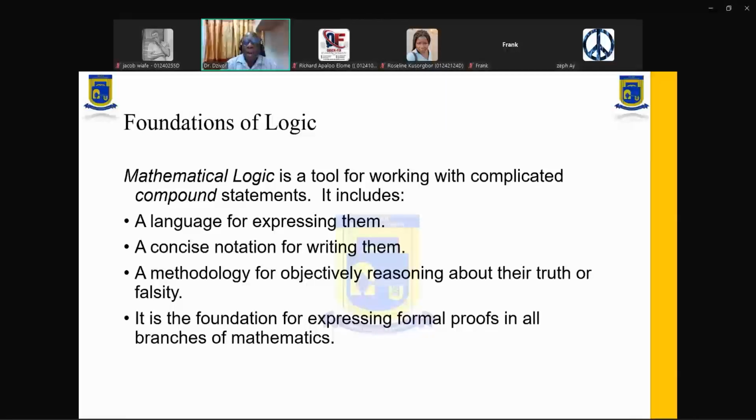So mathematical logic is used in doing such, and the reason is it has its own methodology. Mathematical logic is a methodology for objective reasoning about the truth and the falsity of statements.